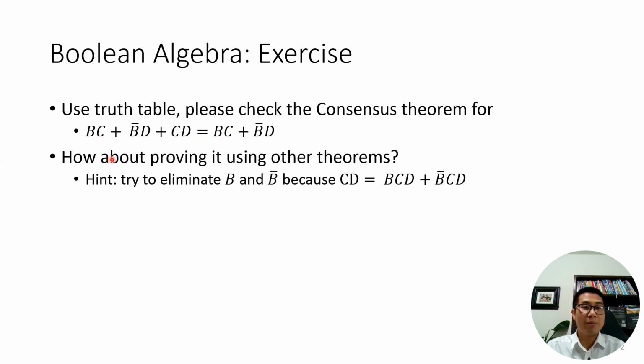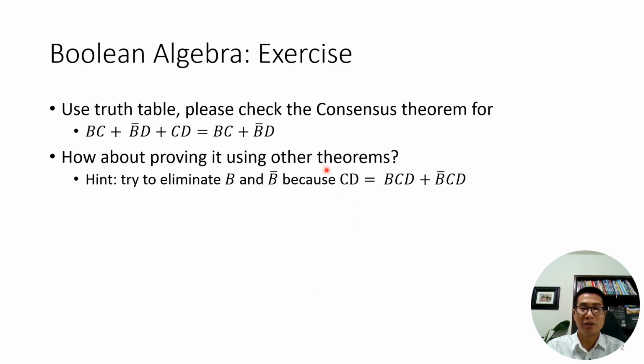Okay, and then how about proving it using other theorems? The way to do this is to try to eliminate and get the CD, because CD equals BCD plus not B CD.